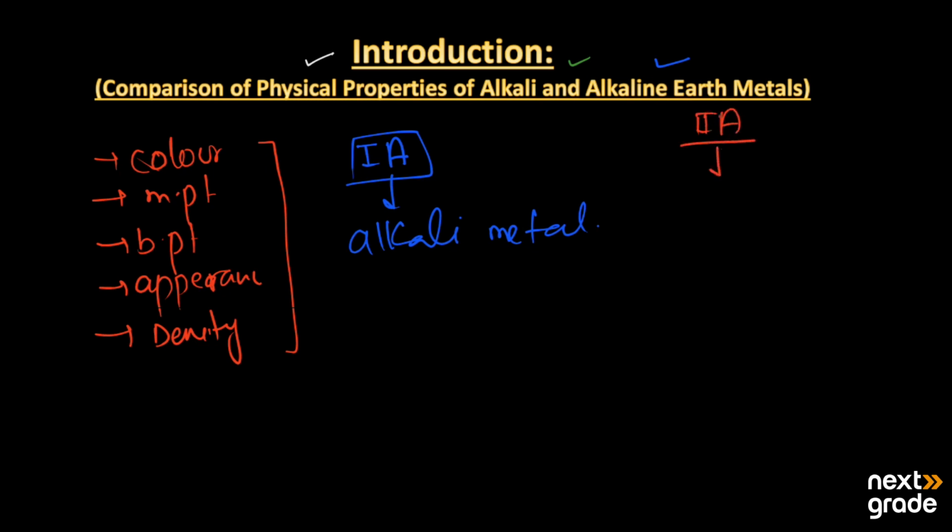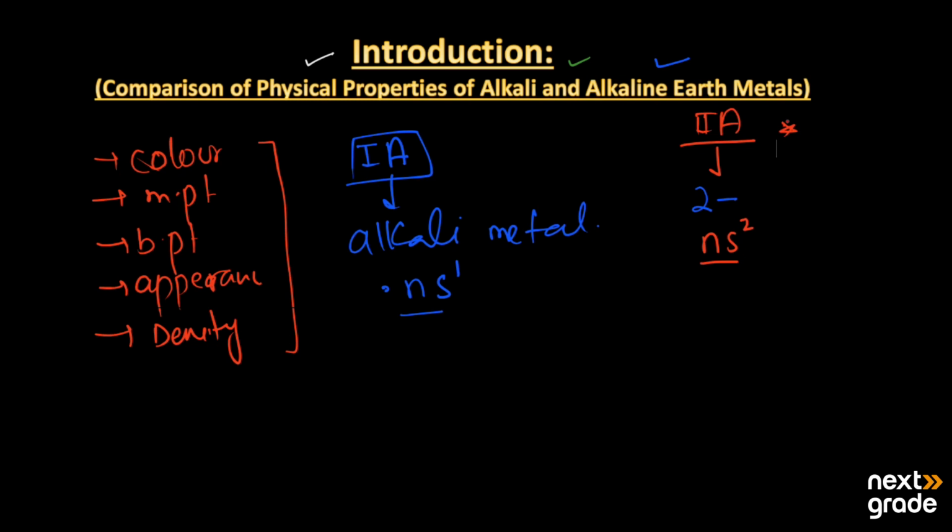The alkali metals contain one electron in their valence shell, and their electronic configuration of valence shell is ns1, and the group 2 elements have two electrons in their valence shell and the electronic configuration of their valence shell is ns2. So these are some simple properties of the alkali metals.